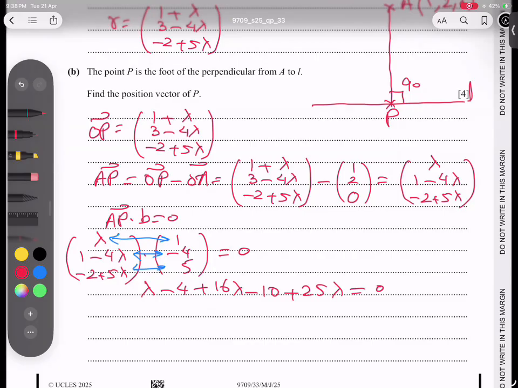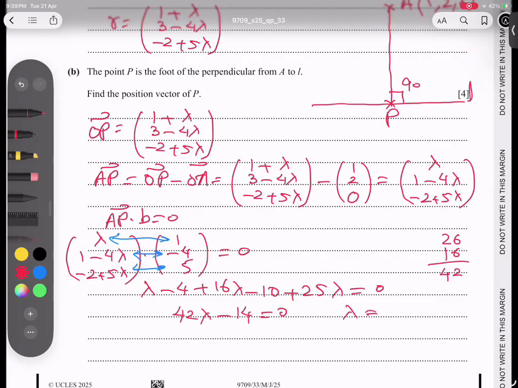So this is clear. After this, you can find the lambda value, and I'm finding the lambda value now. Lambda plus 16 lambda plus 25 lambda gives 42 lambda, and negative 4 and negative 10 gives negative 14, equal to 0.